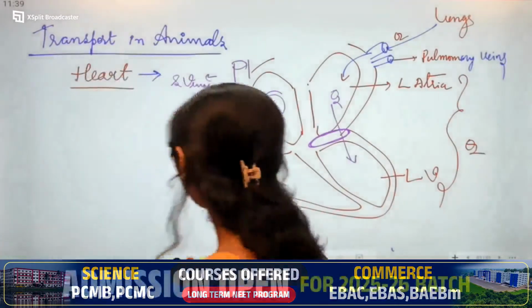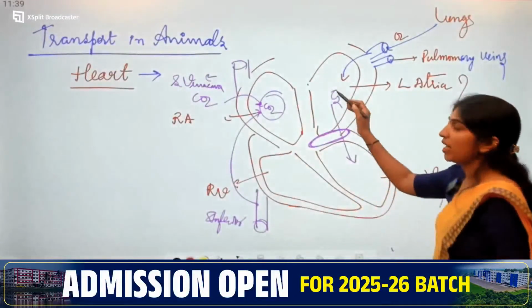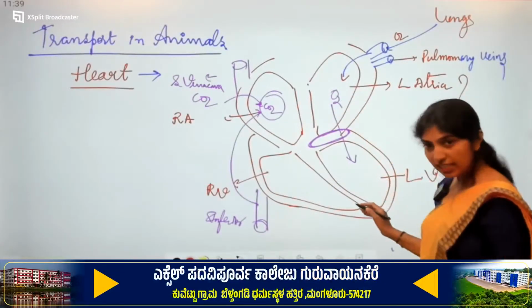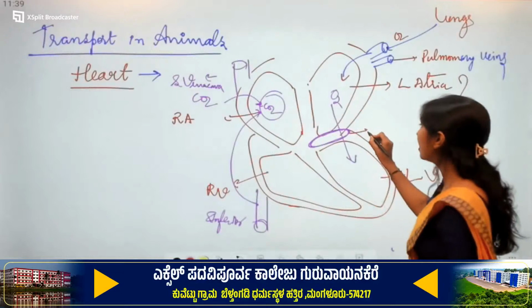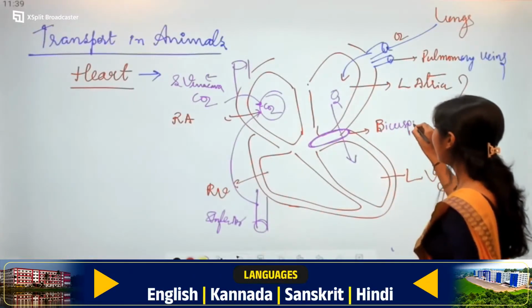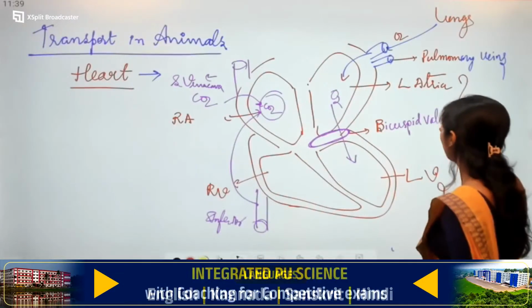The oxygenated blood is moving from the left atria to the left ventricle by the valve called the bicuspid valve.